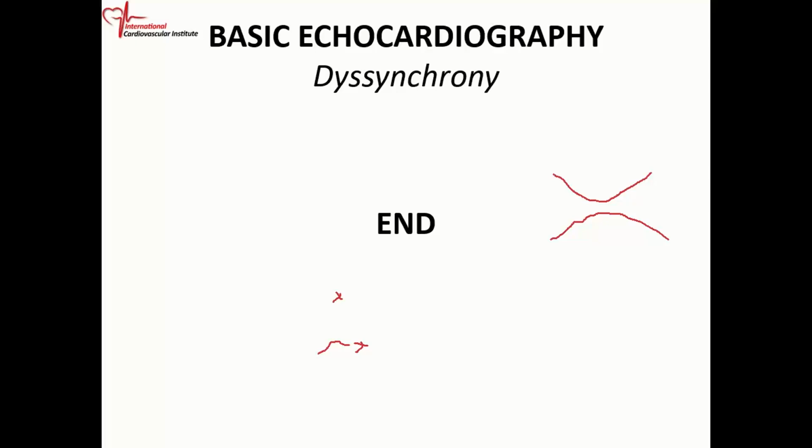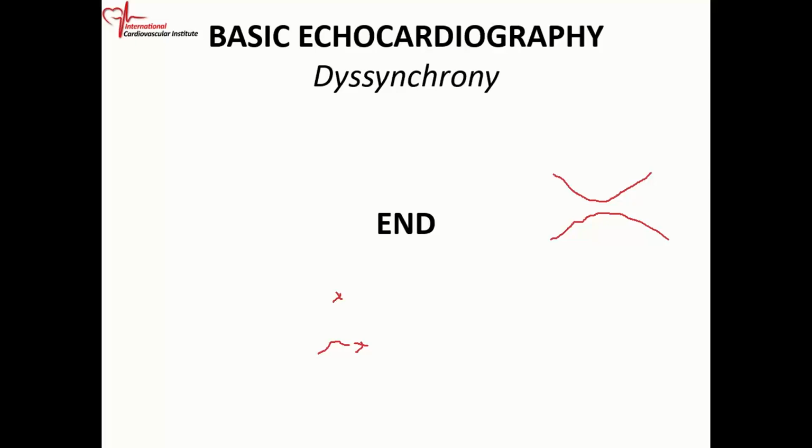So you can use the echo to show that there's dyssynchrony. And then after the patient has cardiac resynchronization therapy, you can show that the ejection fraction goes up, things like mitral regurgitation get less, and the patient usually becomes less symptomatic.